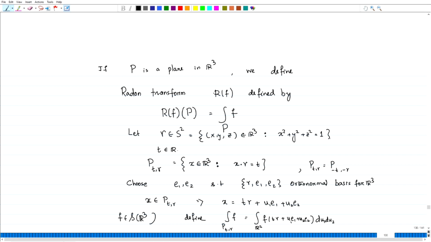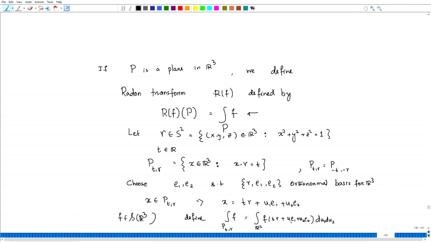That is basically the Riemann integral defined on R2 for each fixed t and gamma. So this is what we mean by the integration of a function over a plane. Okay, so far so good.